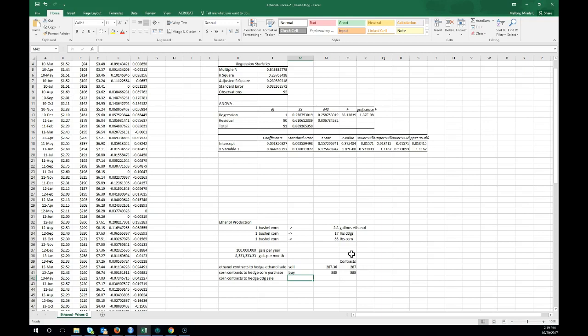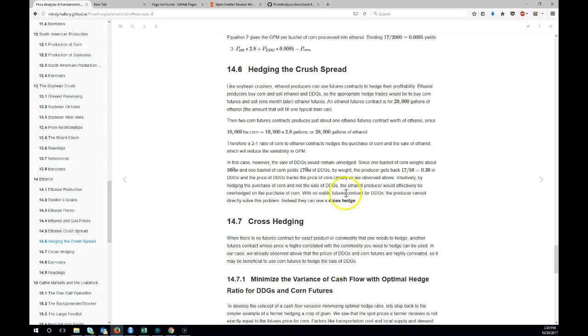Now what about DDGs? We're going to be selling because we sell DDGs in the spot market. And how much are we going to be producing? Well, for every bushel of corn we put in, we're going to get 0.3 back in DDGs. And recall that comes from here. For every bushel of corn we put in, we're going to get 17 pounds of DDGs back.